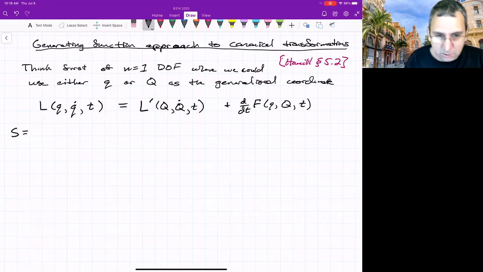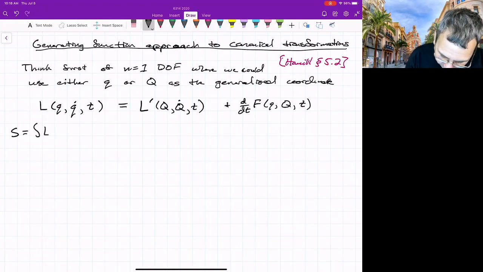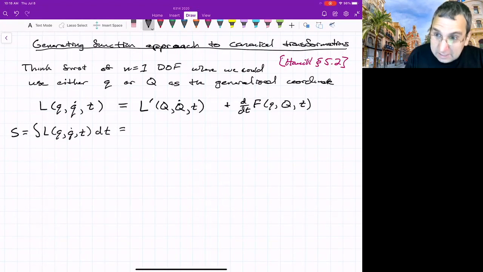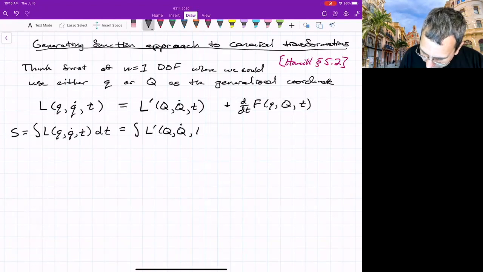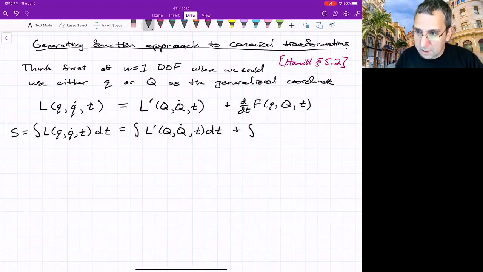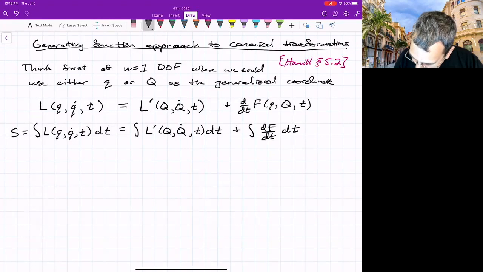If we integrate, so get the action S, we'll integrate L(Q, Q dot, time) dt equals the integral of both things on the right-hand side, but we'll split them up. The integral of L prime(big Q, Q dot, time) dt plus the integral of df/dt dt.